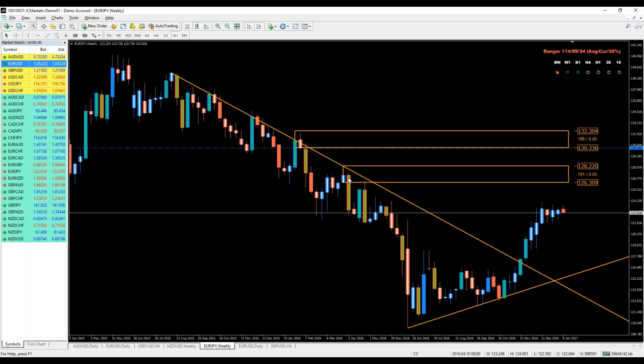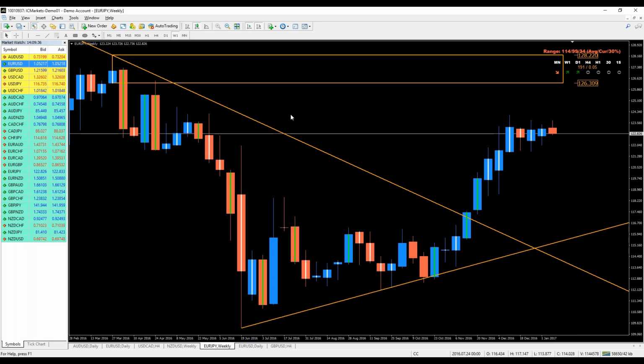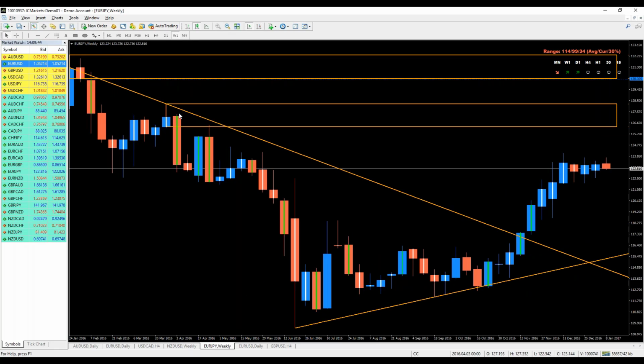Okay, so we've identified this area here using the rectangle, and just a bit of supply and demand theory, you can see that when this area was established, price left the area of accumulation very nicely. This candle closed below the bodies of all of this accumulation here, and price went back up. We tested the edge of this accumulation, supply, and then price went down.